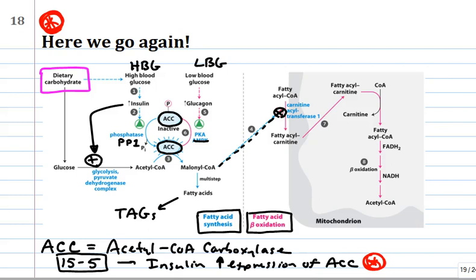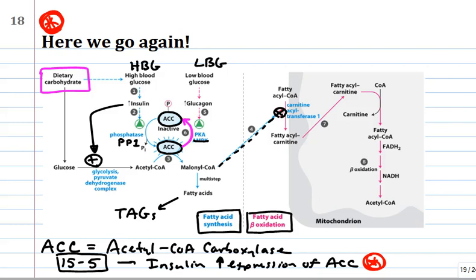Here we go. Old friend. Glucagon secretion by a complicated series of events that you know like the back of your hand. Glucagon activates protein kinase A. Protein kinase A phosphorylates ACC.